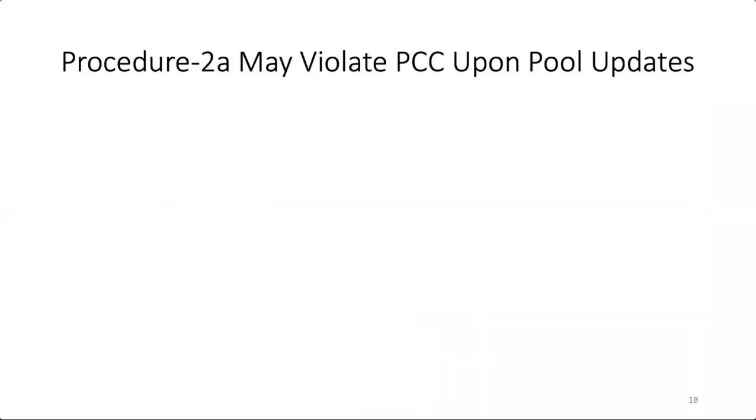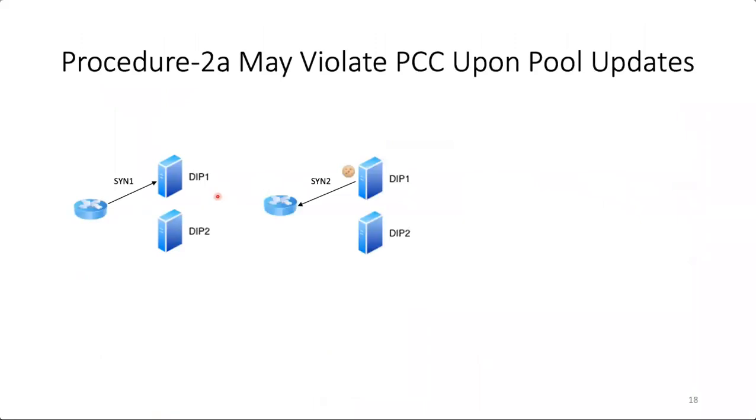Procedure 2A may violate PCC upon pool updates. Let's take an example. Let's say that the load balancer forwards a SYN1 packet to the server DIP1. DIP1 responds with a SYN2 packet which has a SYN cookie. Let's say that a pool update happens which adds a new server, DIP3.